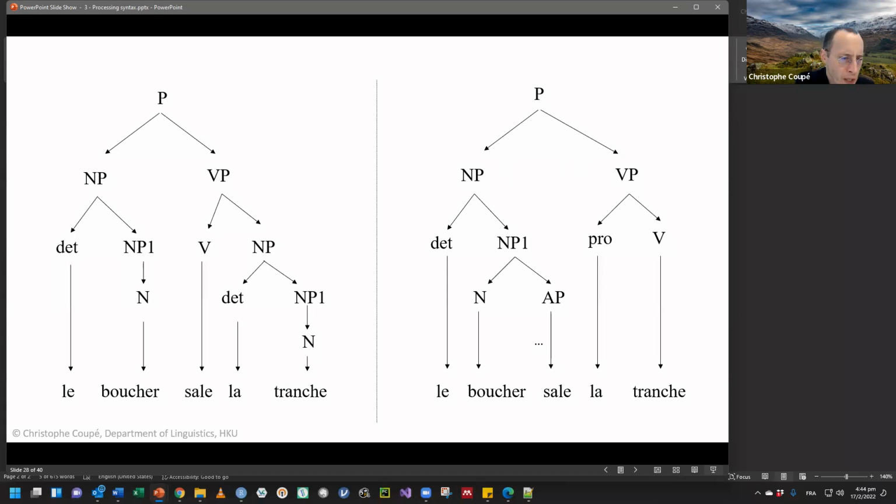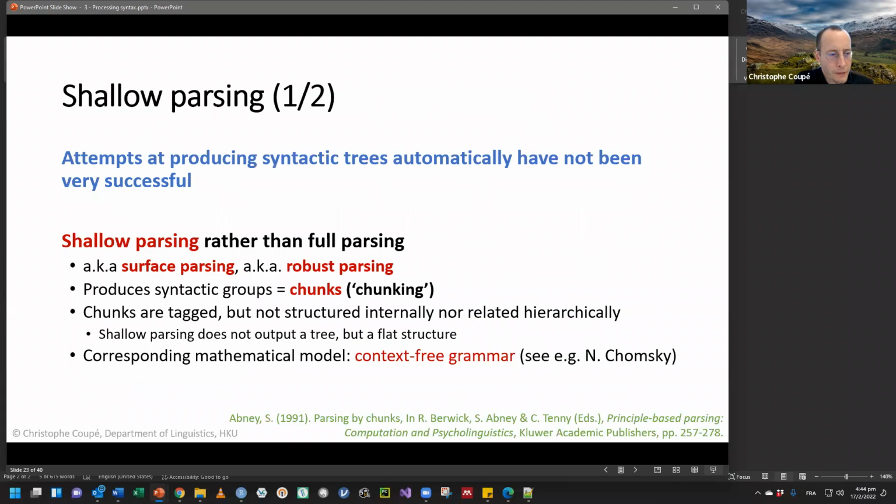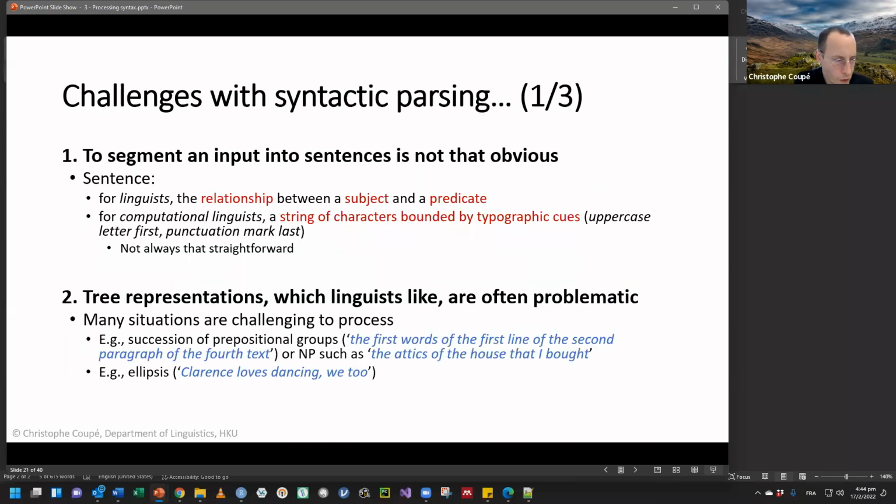And on top you have P, that's the predicate. And the predicate, I told you, is the subject, and then a verb with some other element. That's a verbal phrase. But you see, linguists, they like a structure like this. That's what they always try to build. We call this a syntactic tree representation.